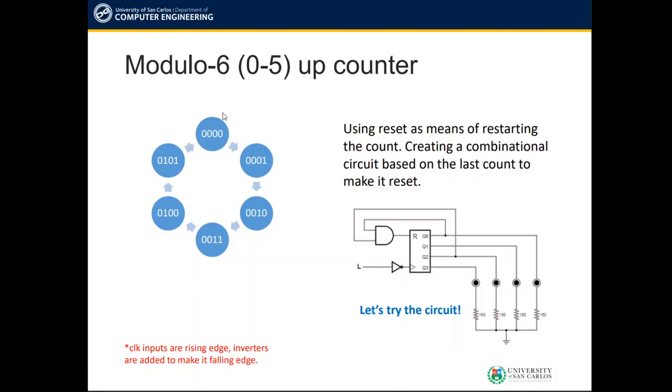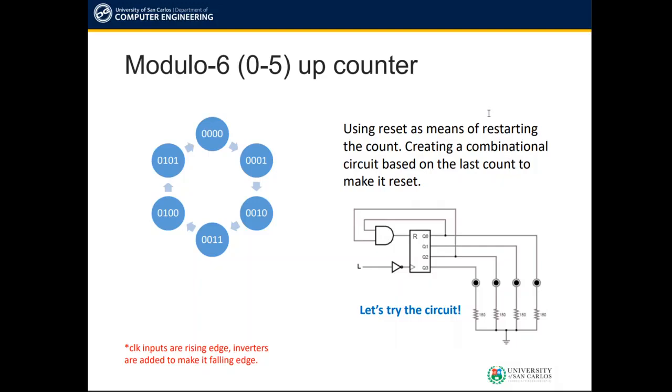So first, you can either place here the state diagram, but basically we don't need to create the state diagram for a longer modulo. For example, if it is from 0 to 100, you can't create a 0 to 100 state diagram. That's a very long set of states.